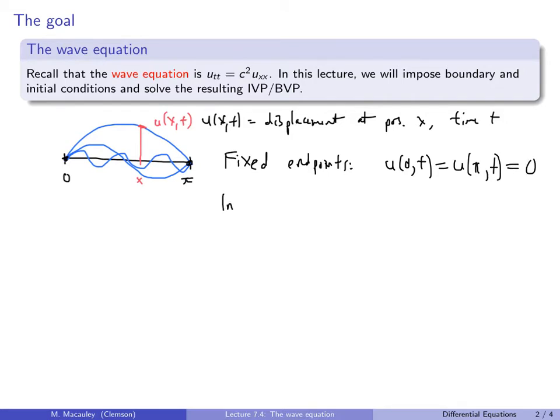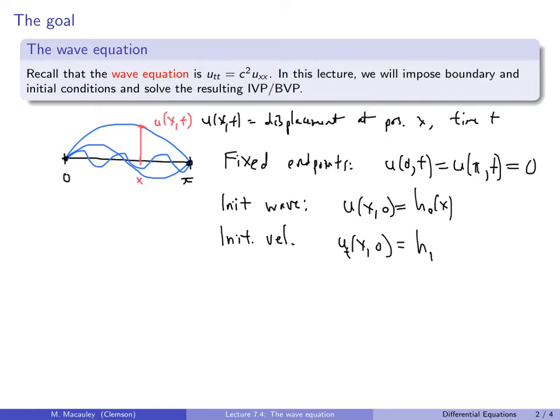And then the initial displacement is u of x, 0 equals h0 of x, and the initial velocity, u_t of x, 0, let's say is h1 of x. And again, the velocity is how fast this thing is moving up or down rather than left or right, because it's with respect to t, not with respect to x.